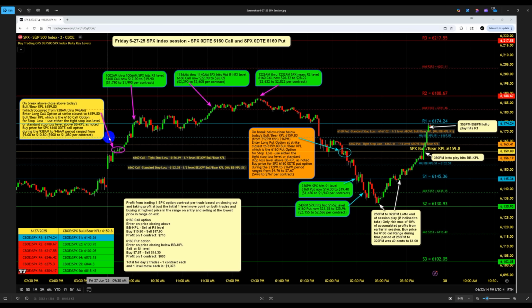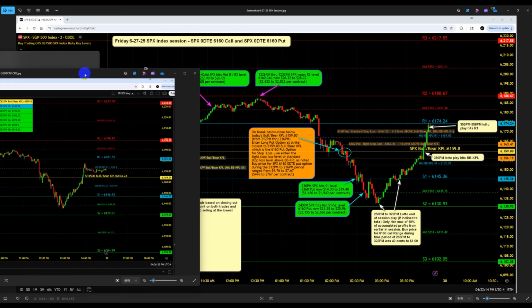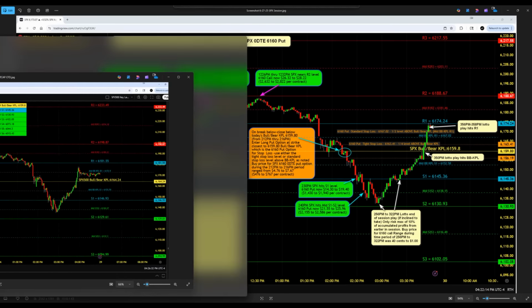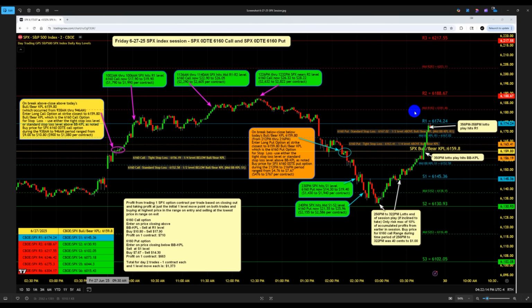So the only way of getting the levels early is to have it on a second chart on the SPX 500 8-cap. You can also get these at 9 a.m. via the second table. And these, as you can see, 60.00 and 59.80, are going to be the same levels that show up at 9:30 on this chart.